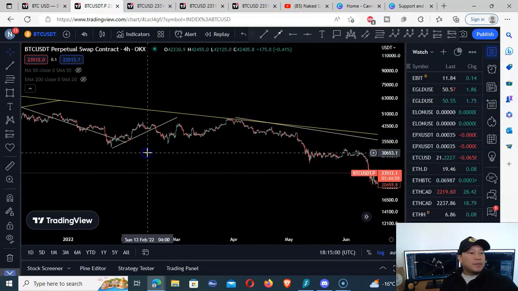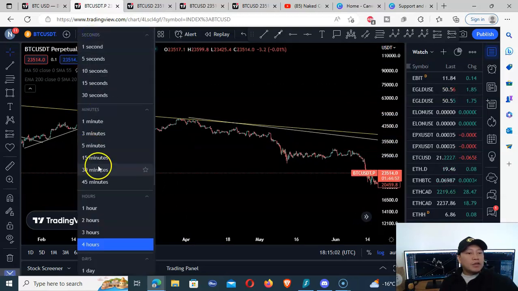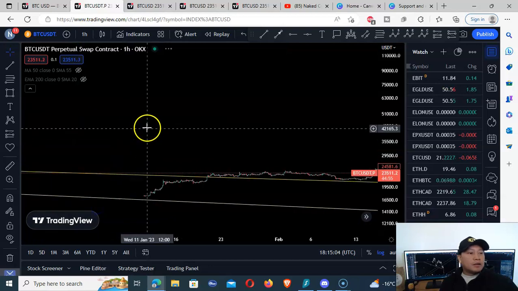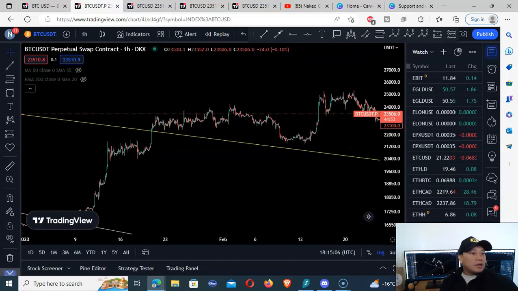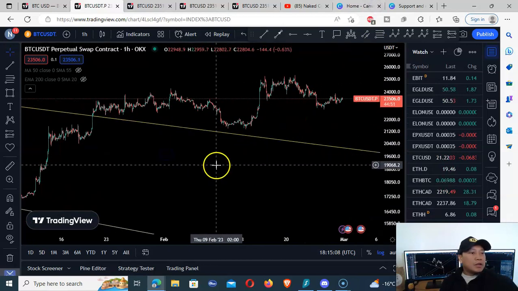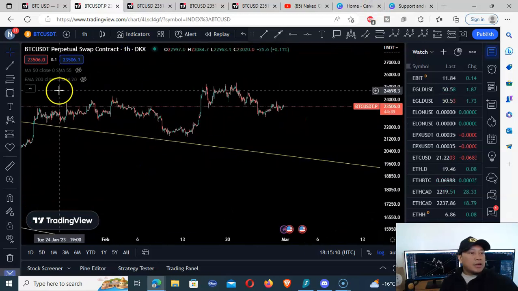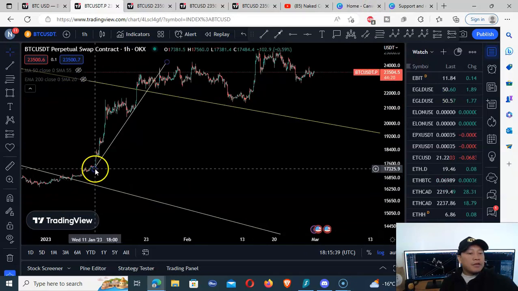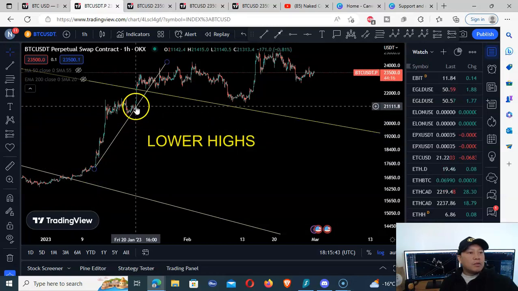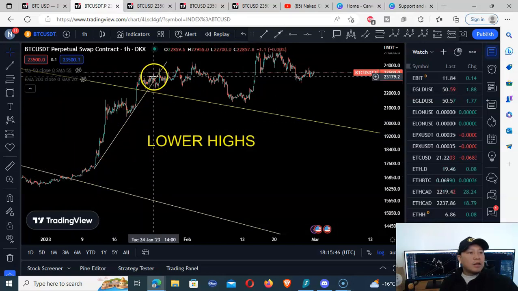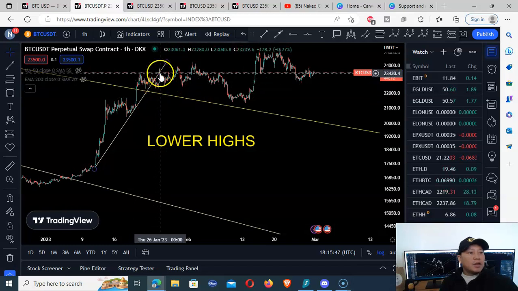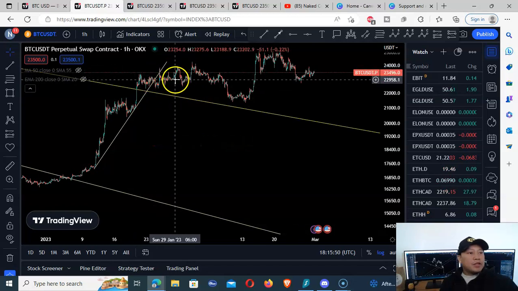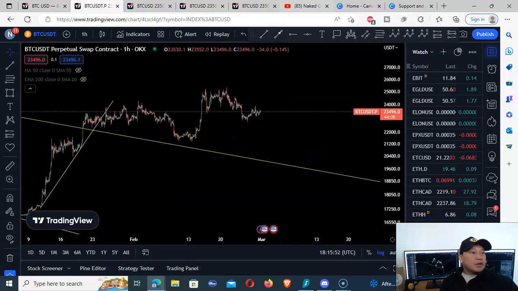Okay, let's go to the 1 hour and see how we plot this one. There you go, guys. From lower low, higher low, and another higher low here, and the price went down here, but the price is just doing sideways.